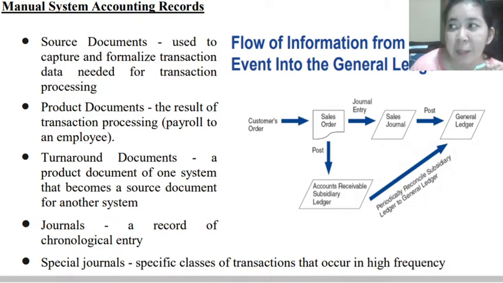For example, a document from the processing or conversion cycle, which involves the costing of the product, will be used in fixing the selling price of a product, which will then be under the revenue cycle.